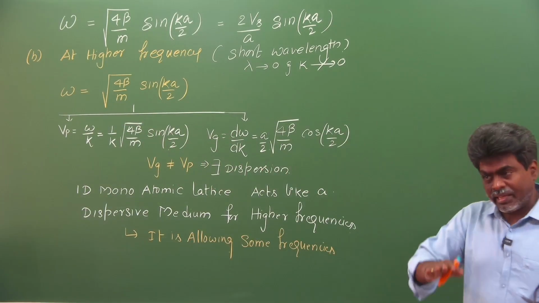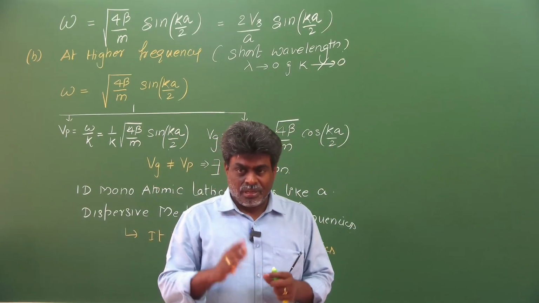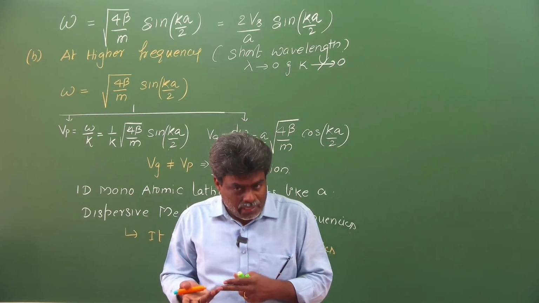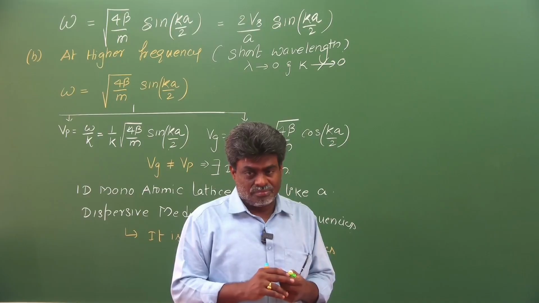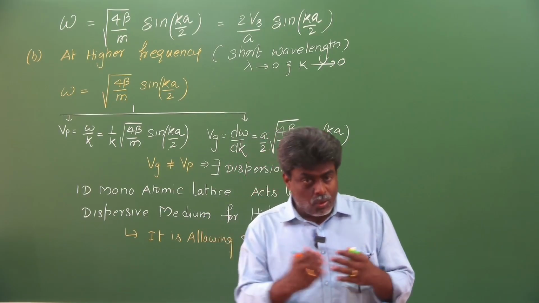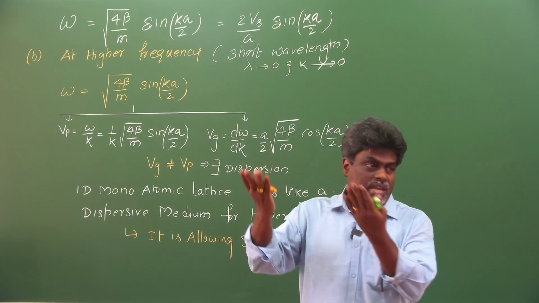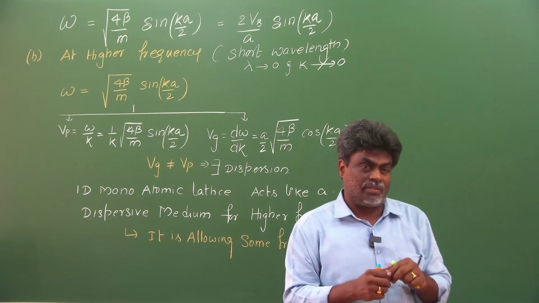It is allowing frequencies and there exists dispersion. Now we have to check what is happening with this dispersion and what is the maximum possible frequency it can allow. I told you in the last class, a small point: this acts like a low pass filter. That means it will allow only those EM waves whose frequency is less than a particular frequency.